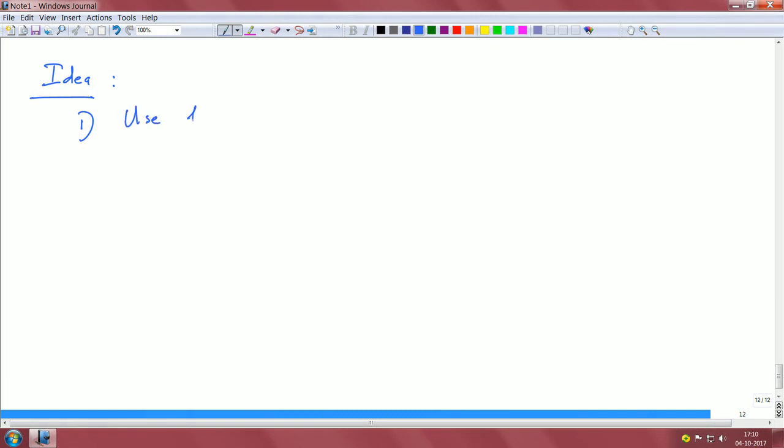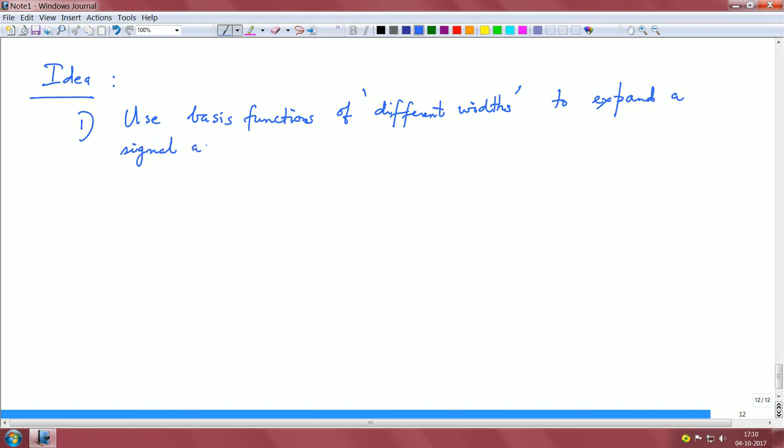So, now we use basis functions of different widths to expand a signal across various scales.